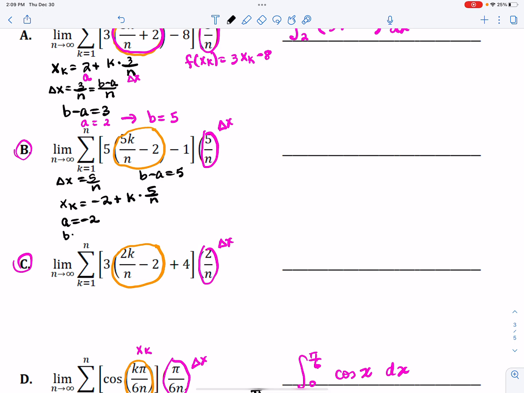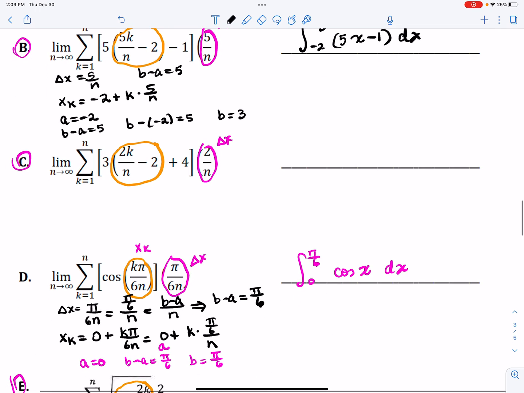So if b minus a is 5 and a is negative 2, it looks like b has to be 3. So our limits of integration are from negative 2 to 3. And what's happening to x sub k is that we're multiplying it by 5 and subtracting 1. And that's our definite integral.